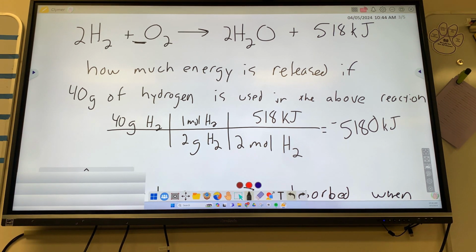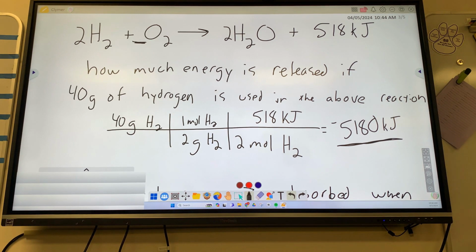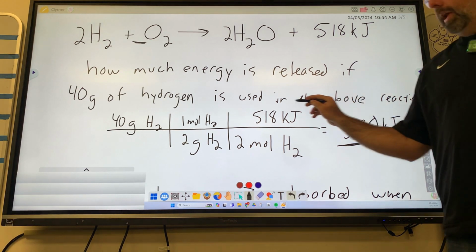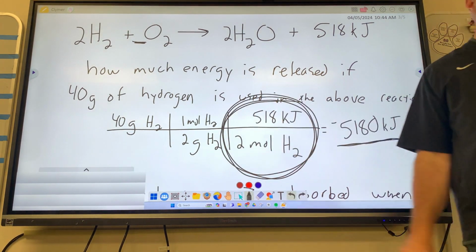This is an exothermic process. But again, just like we had in the molar volume thing a moment ago, what we added was simply a relationship here that we can use in a conversion.